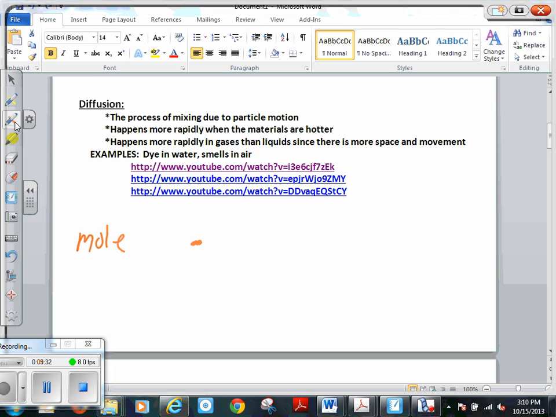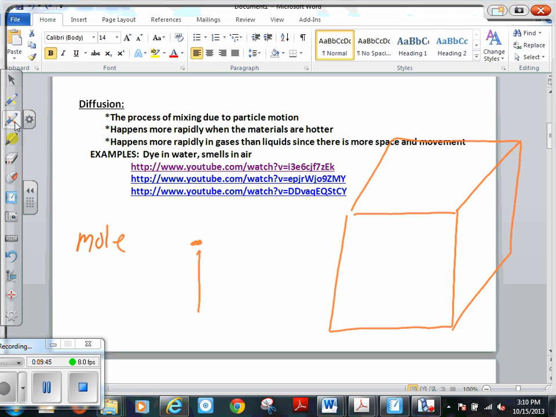But if I get a mole of gas, then it's going to be inside a cubic box that's like this big. Okay? So the same amount of particles that takes up that much space in the solid takes up this much space in a gas.